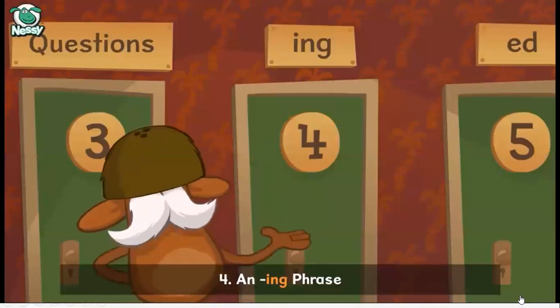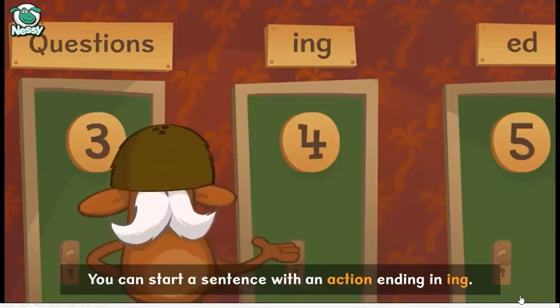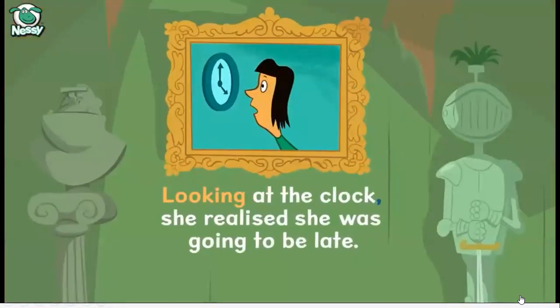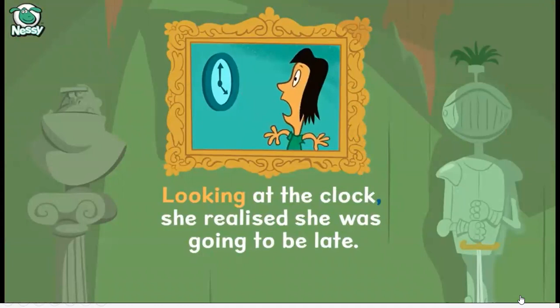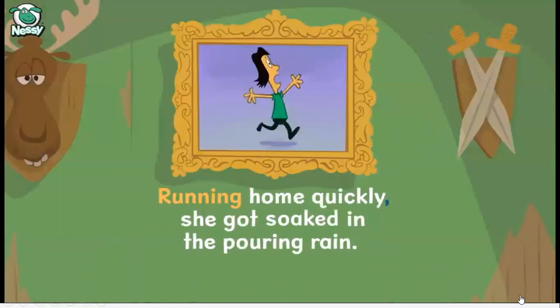4. An ing phrase. You can start a sentence with an action ending in ing. Looking at the clock, she realized she was going to be late. Sitting on the beach, I watched the sun set over the ocean. Running home quickly, she got soaked in the pouring rain.